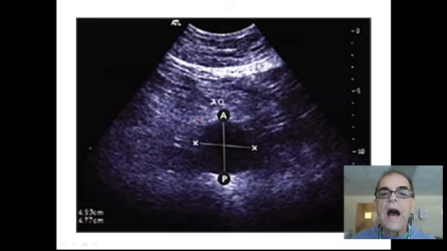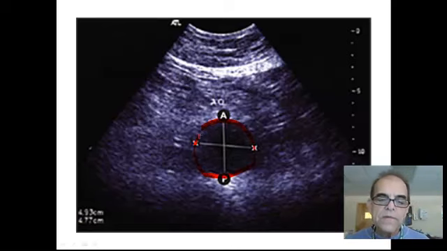You can see here an ultrasound picture in transverse with the measurement of one aneurysm. You can see here 4.9, is a big aneurysm.